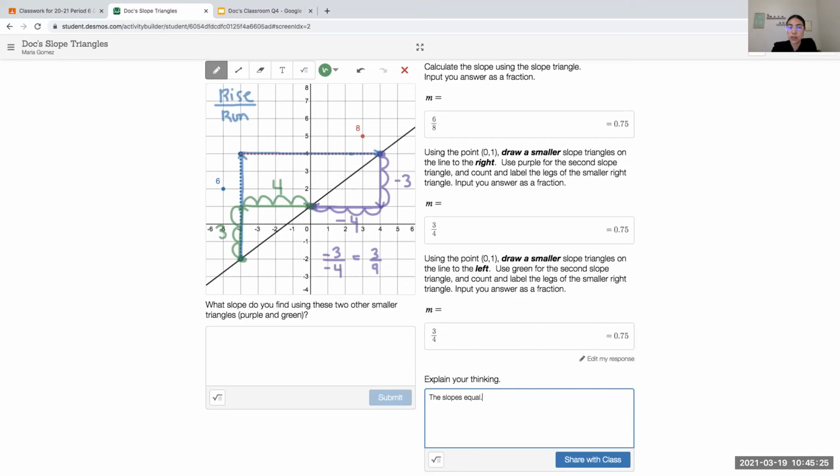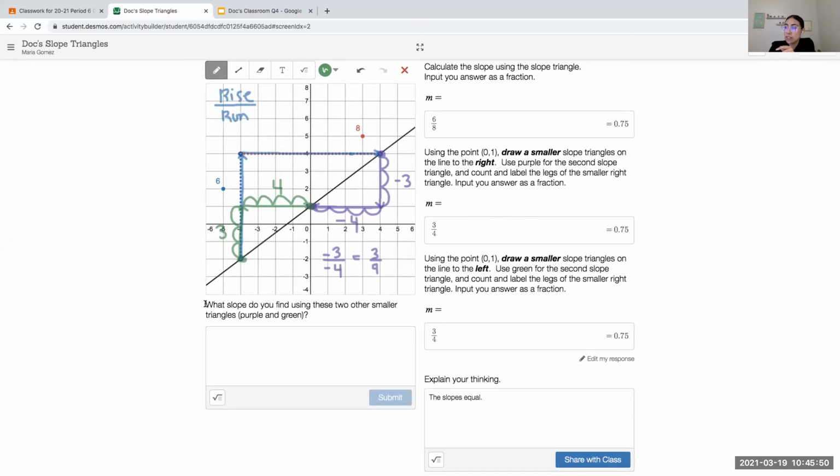Oh, I like that someone said when you combine the two small triangles, you get the bigger triangle. That's true. Good, very, very good. So really just notice that if you have a big triangle, you get a fraction with bigger numbers. But when you have a smaller triangle to find your slope, your fraction is simplified.